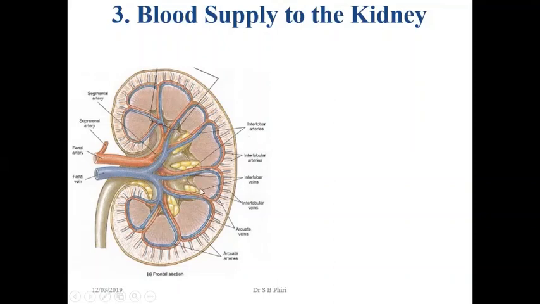Because of that, they are sometimes also called interpyramidal or interlobular arteries. These pyramids are sometimes referred to as lobes. Interlobar arteries are branches of segmental arteries, and segmental arteries are branches of the renal artery.